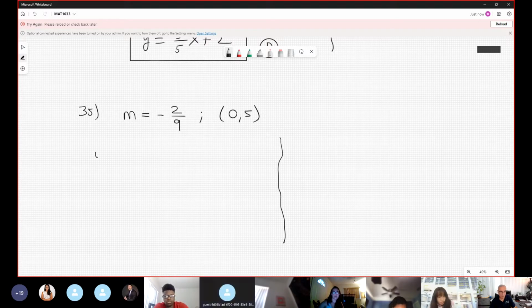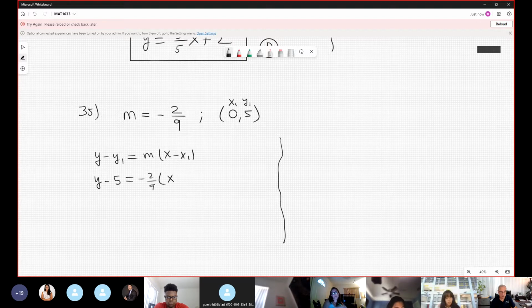Traditional way, okay, no problem. Y minus y1 is equal to slope times x minus x1. This is x1, and this is y1, minus 5. Equal -2/9, parentheses, x minus 0. Now 0 is nothing, and in the next line you delete 0 because 0 is nothing. And finally, I move 5 to the other side: y equals -2/9 x plus 5.